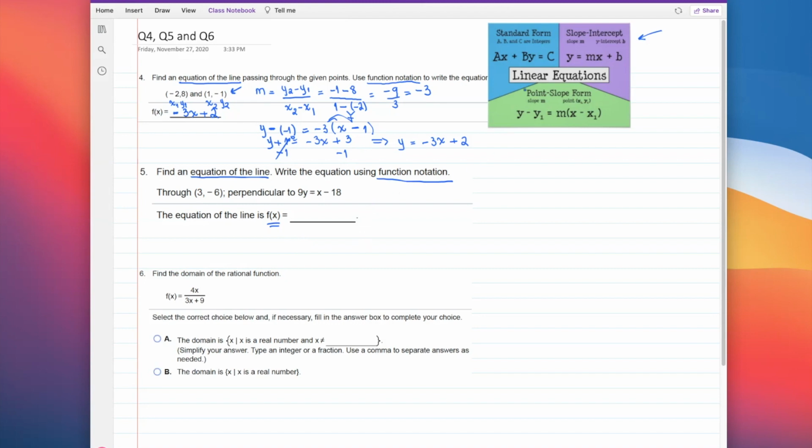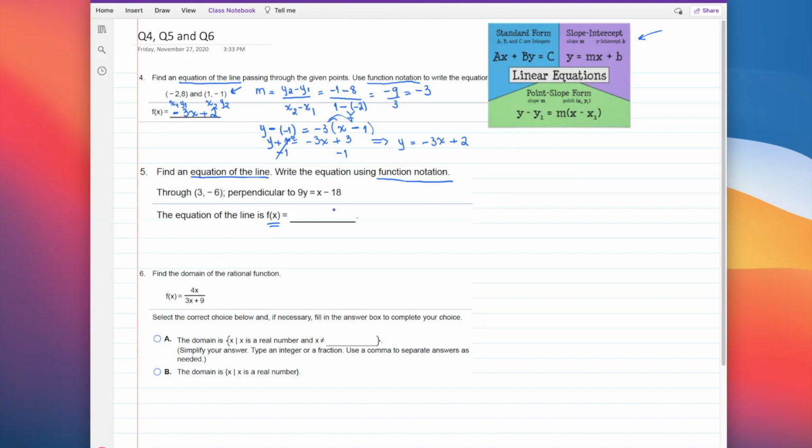And so you just have to write in slope-intercept form. Because you have one point and a way to determine the slope, you're going to use the point-slope form. And then through algebraic manipulation, you rewrite from the point-slope form into slope-intercept.